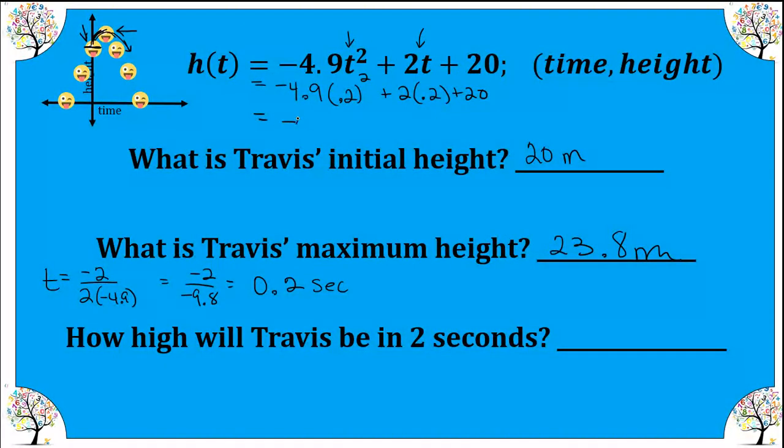So negative 4.9 times 2 seconds. And again, be very careful when you enter in your calculator. And in 2 seconds, he's going to be 4.4 meters above the water.